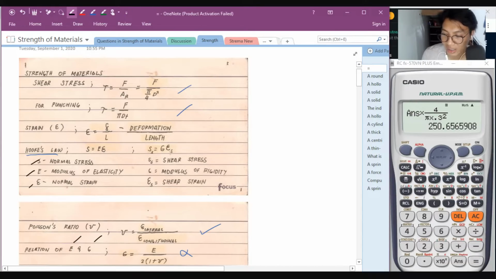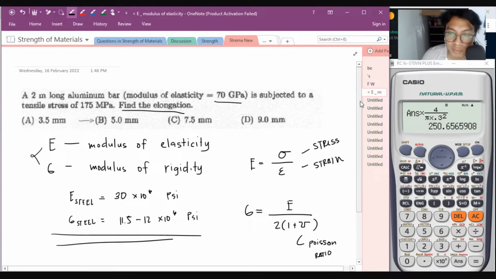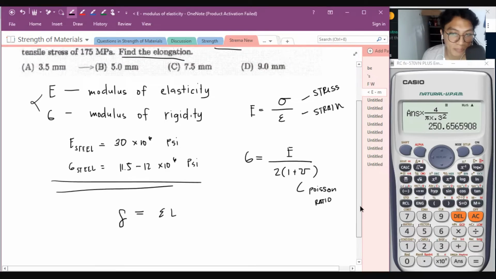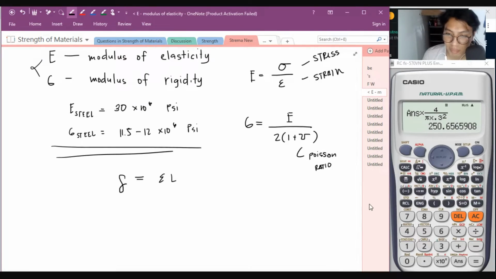Ang hinahanap dyan ay yung elongation. So, the elongation now. Ang elongation is the deformation. Deformation is yung iyong nakuha na strain multiplied to the length. Yan, epsilon L. Okay, let us solve.